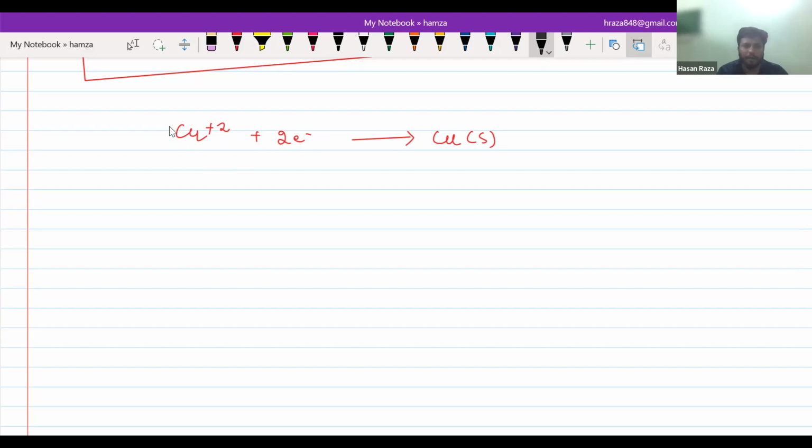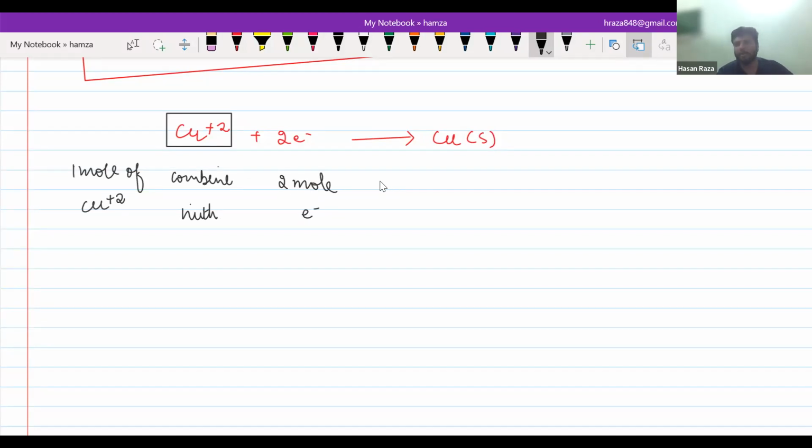So if I write 1 mole of Cu2+ combines with 2 mole electrons to give 1 mole copper, can I write this or not?